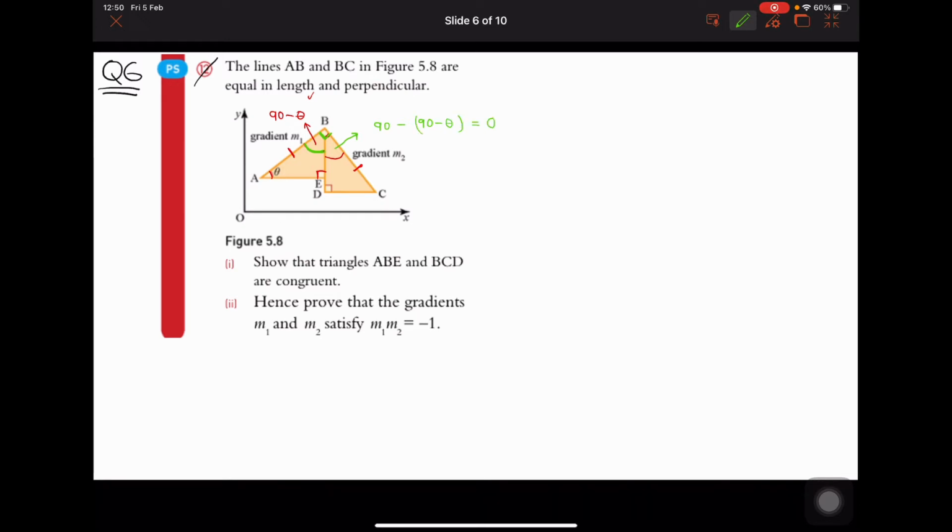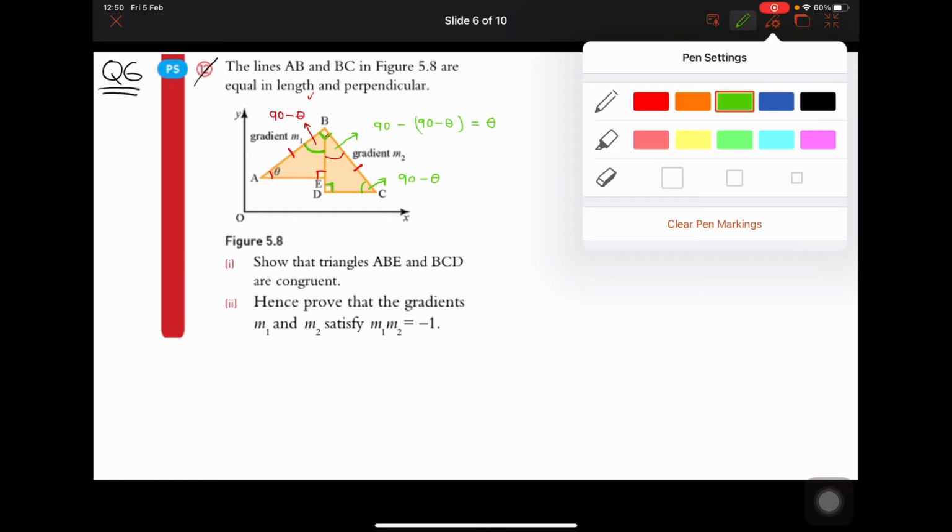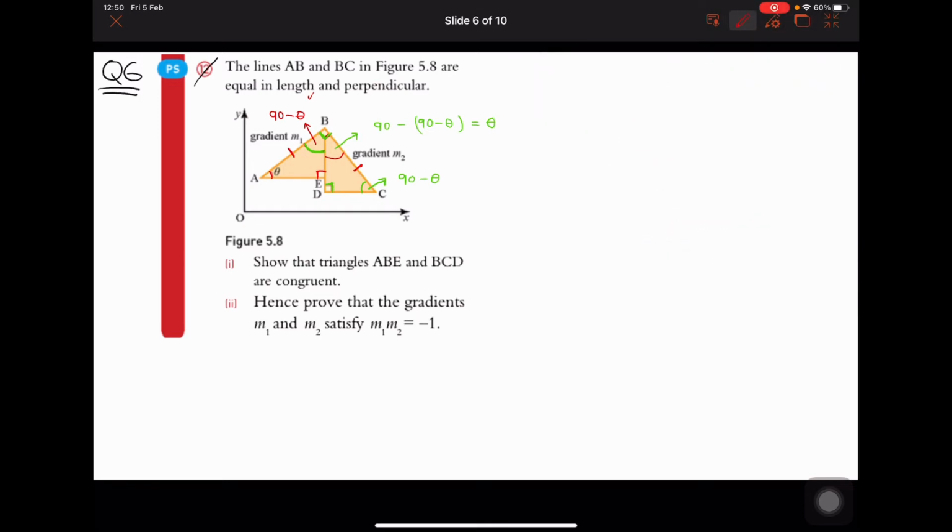So that gives us theta. And so if that's theta and we have a 90-degree angle here, this third angle has to be 90 take away theta. So it's always useful to draw the triangles out separately.